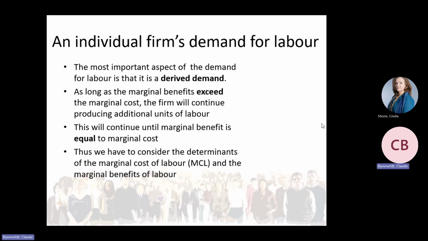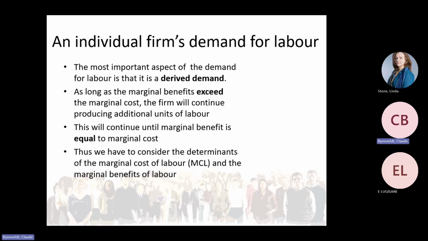So as long as the marginal benefit exceeds the marginal cost, the firm will continue employing additional units of labor, one additional unit of labor. And this will continue until the marginal benefit is equal to the marginal cost.